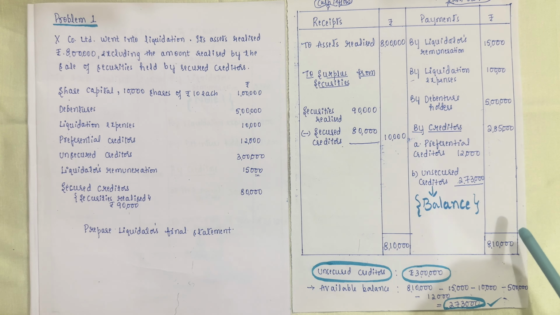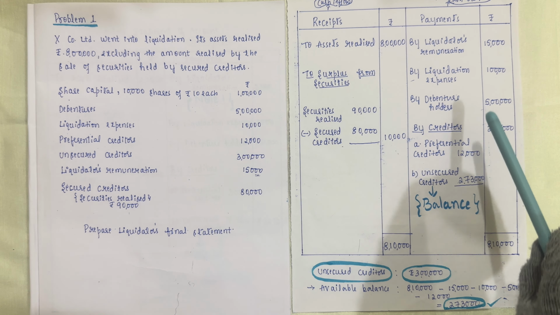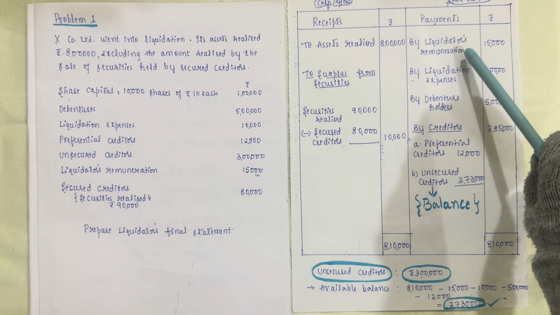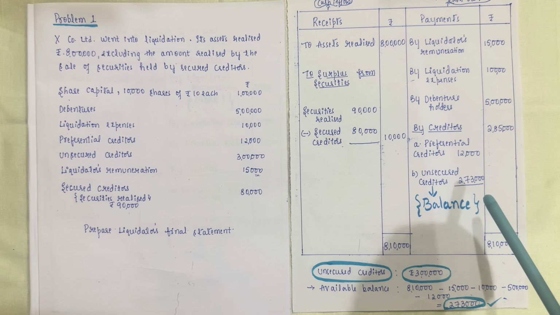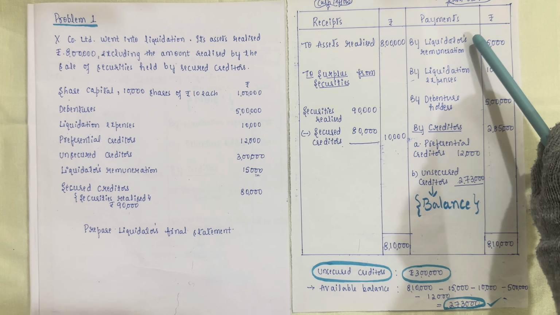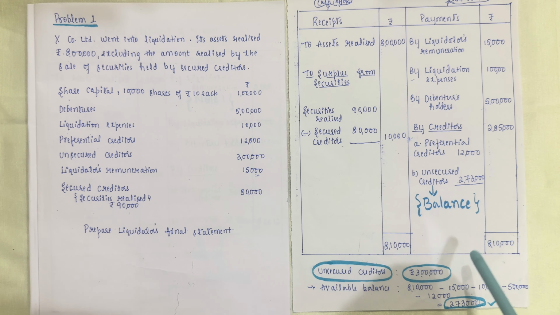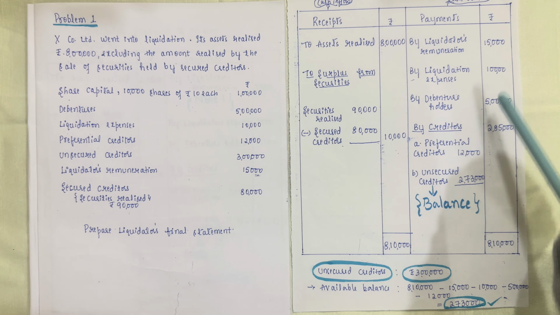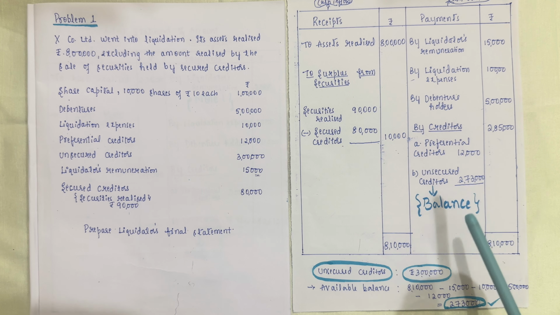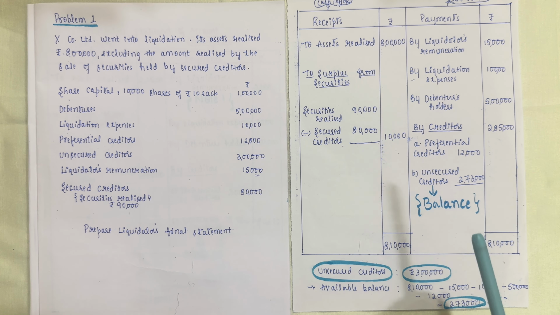This is the order of payment. Like you cannot write debenture holder first, liquidator's remuneration next. No, you cannot take unsecured creditors at the top and preferential creditors somewhere in the middle, liquidation expenses at last. No, this is the order of payment because there is a priority that is given. Okay, you need to remember this always.